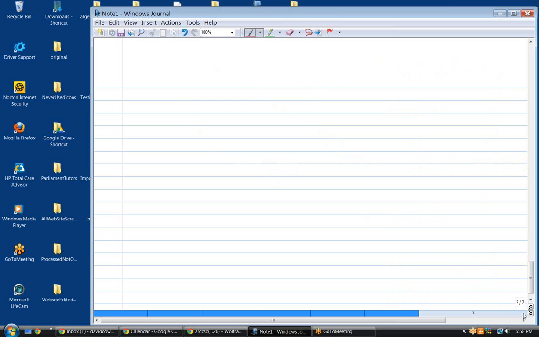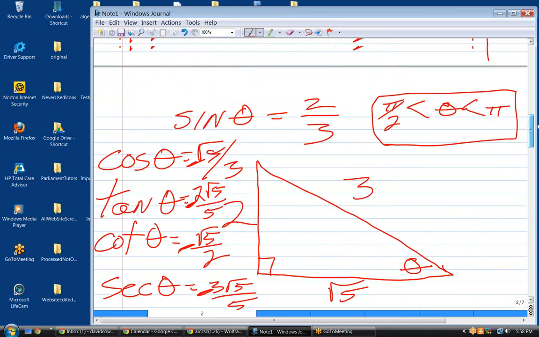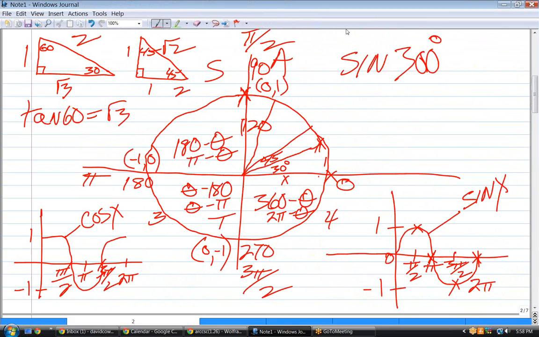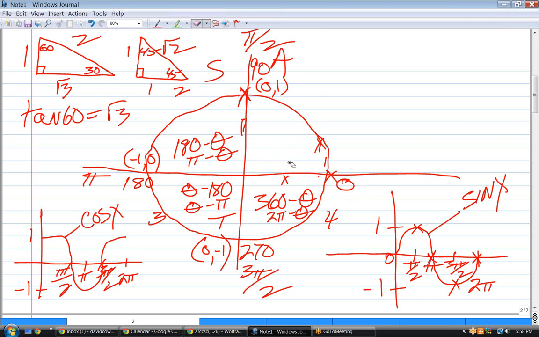Is that a good place to stop, or do you have any last questions that you are still puzzled by? I think I got it. I think you do too. Try to, I cannot stress this enough, try to memorize this page. Let me erase the stuff that's not important. Memorize everything you see right there.